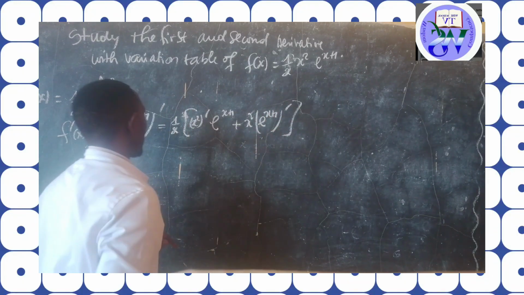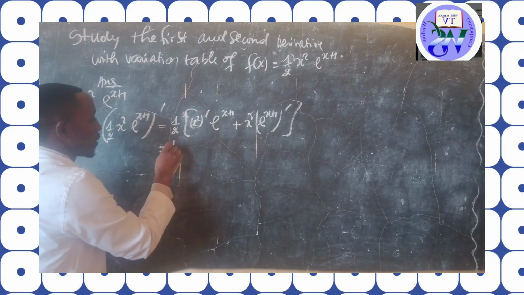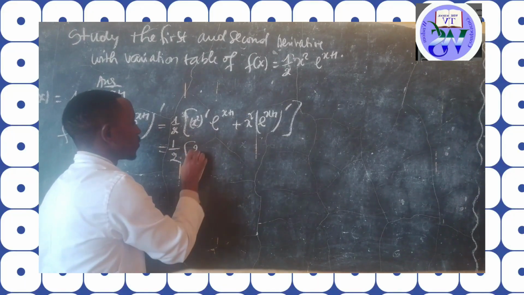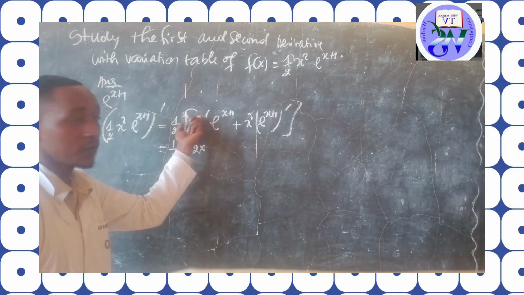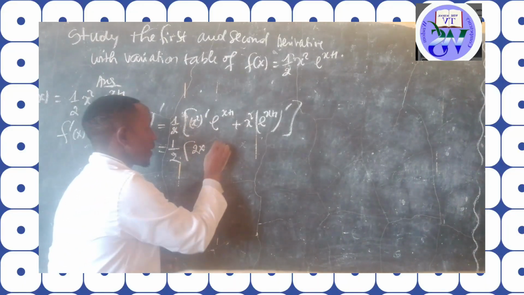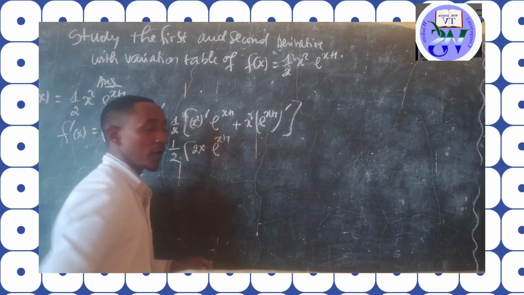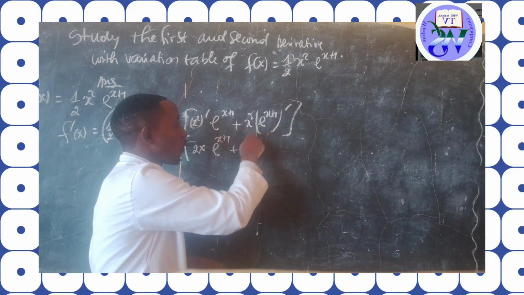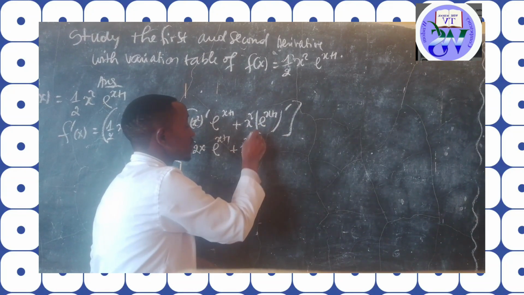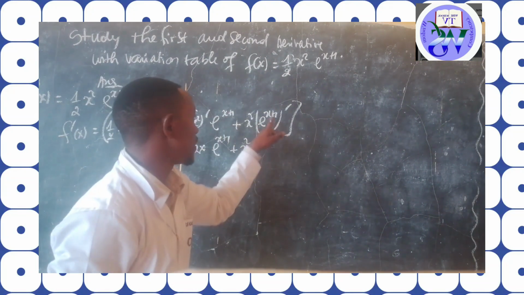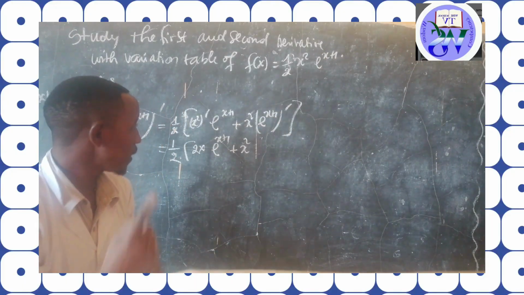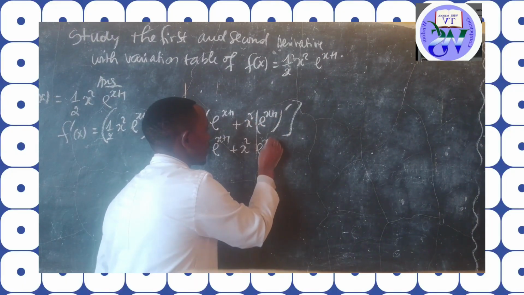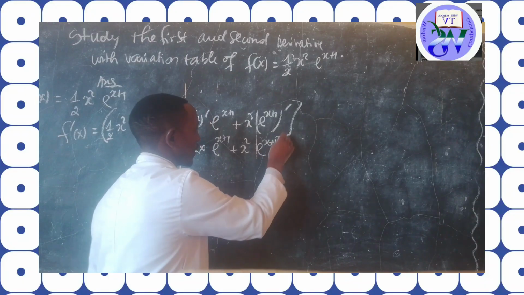So this is equal to 1 over 2 times 2x times e power x plus 1, plus x squared times the derivative of x plus 1, which is equal to 1, so also e power x plus 1.